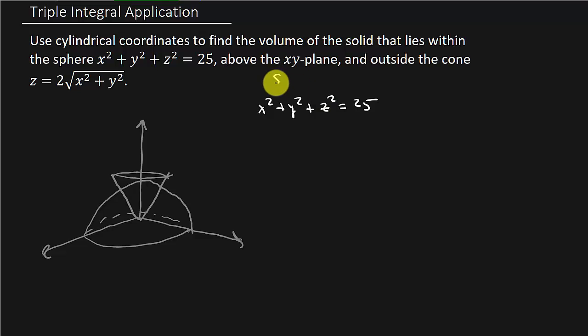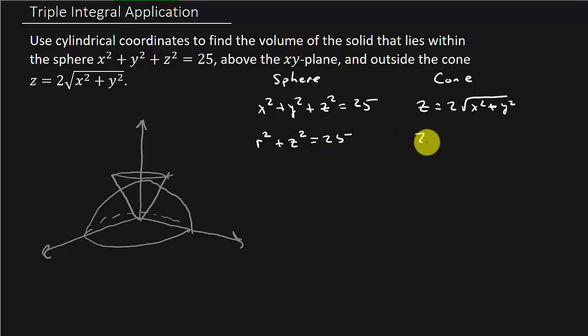And then let's take the cone, which is z equals 2 square root of x squared plus y squared. Let's rewrite these. We can rewrite the sphere as r squared plus z squared equals 25, and the cone as z equals 2 times r, right?